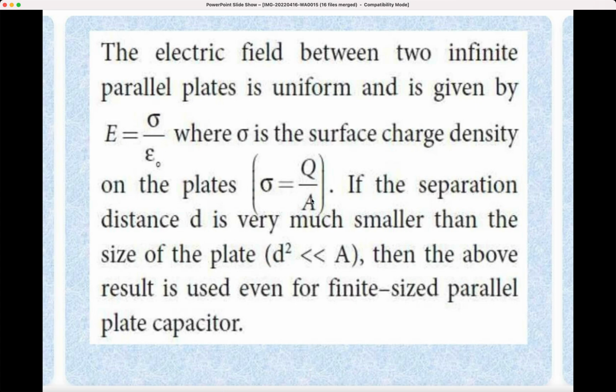Sigma is equal to Q by A, so you can also use E is equal to Q by A epsilon 0. If the separation distance is very small compared to the size of the plate, then the result is used even for a finite-sized parallel plate capacitor. Remember this: E is equal to sigma by epsilon 0. This relation is very important. Remember the formula as well.